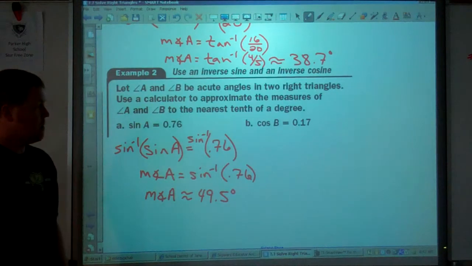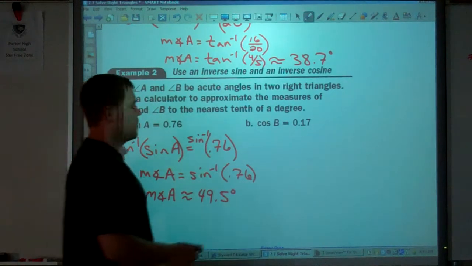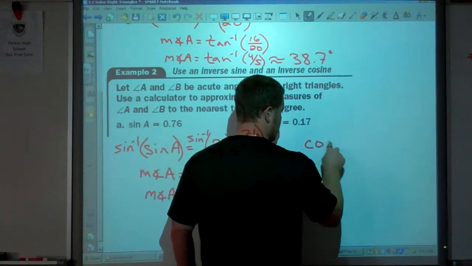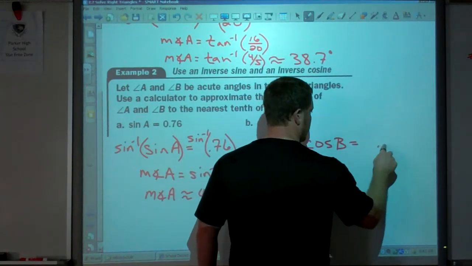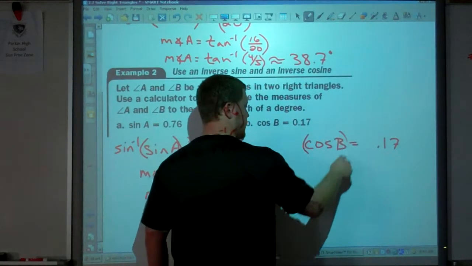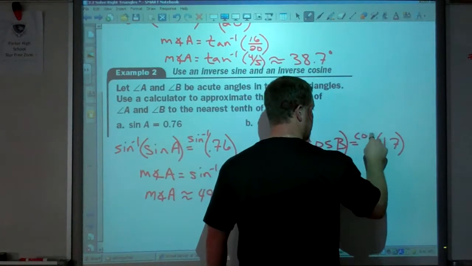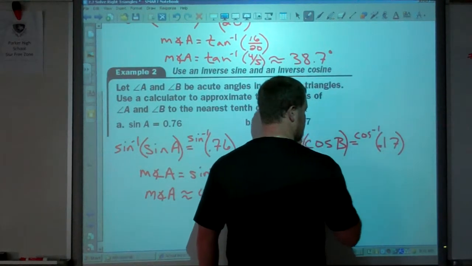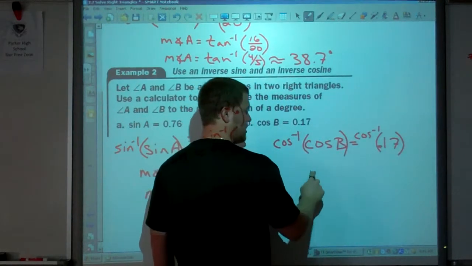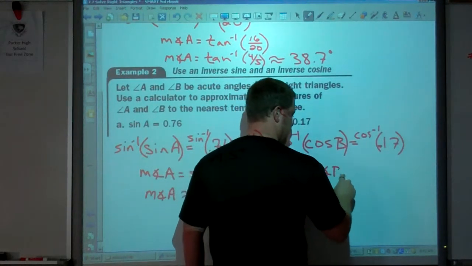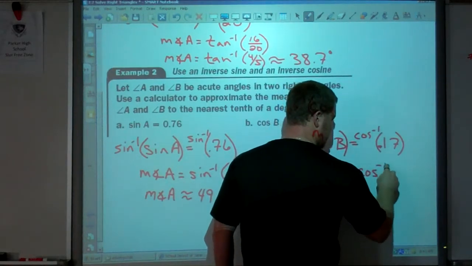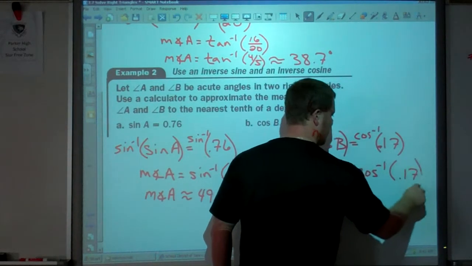Next, the cosine of angle B equals 0.17. Solving for angle B, we want to take the cosine inverse of this side and the cosine inverse of this side. The cosine inverse of the cosine of B, we're left with the measure of angle B equals the cosine inverse of 0.17.